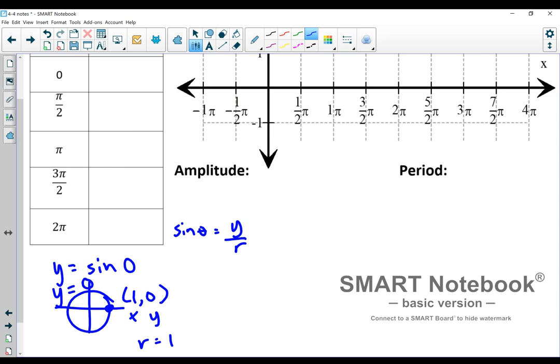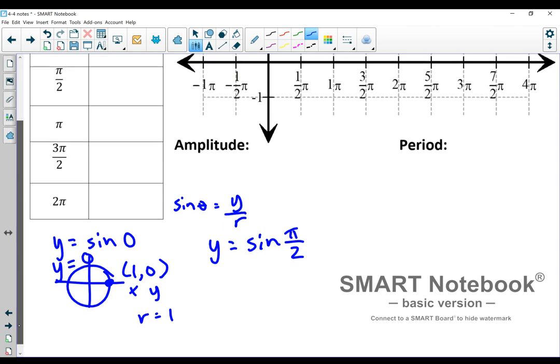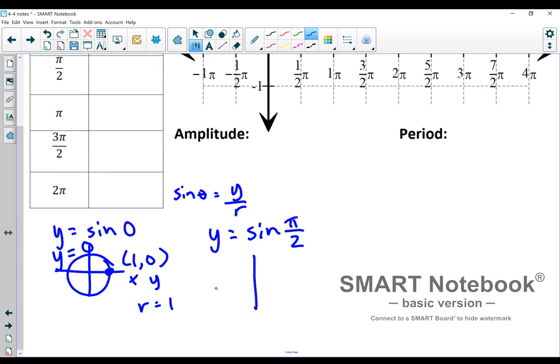And then I want to look at sine of pi over 2. So we really could just have looked at all of those other pictures that we did. So sine of pi over 2. So it's like 90 degrees, and we have 0, 1 now. My y value is 1, and so my sine is 1. So that y equals 1. And then I want to look at sine of pi.